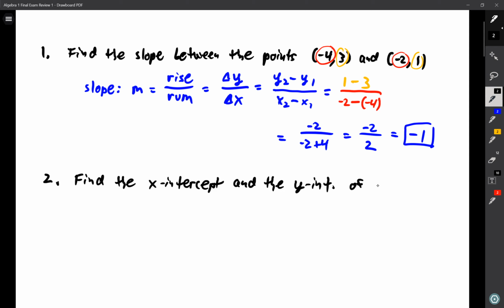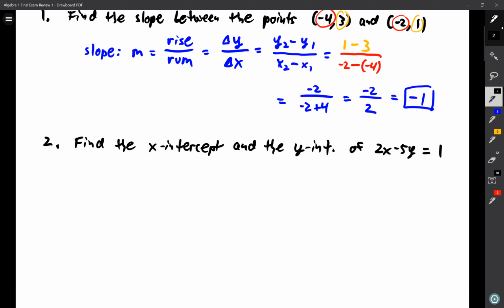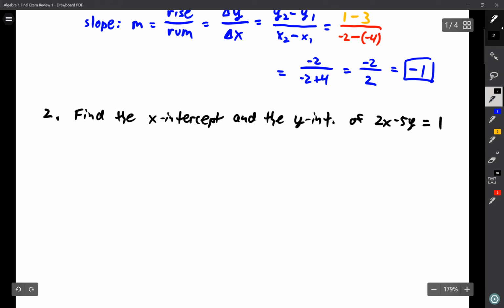Okay, the x-intercept is where the graph crosses the x-axis. The x-intercept is an x value, which means we want to keep x and we want to get rid of y. That's one way of kind of reminding yourself what you do.